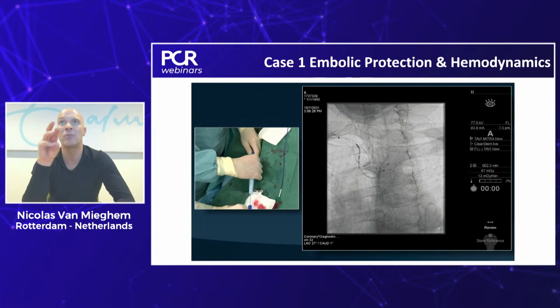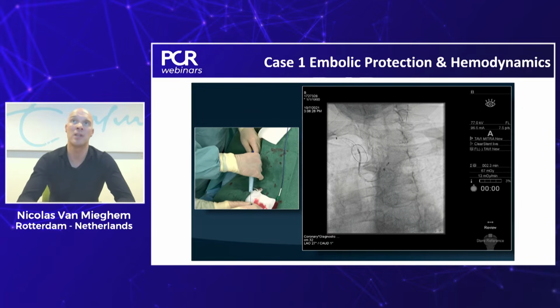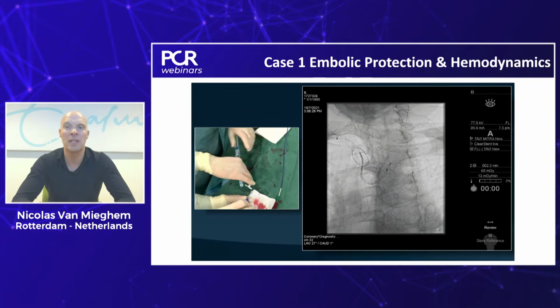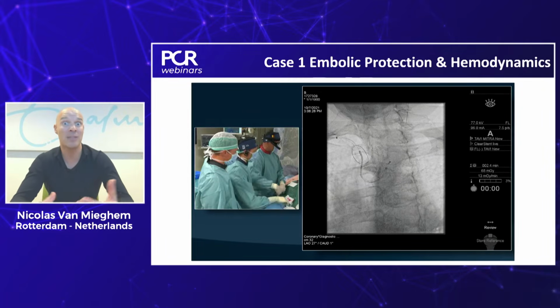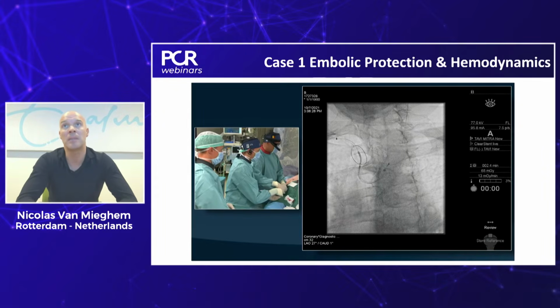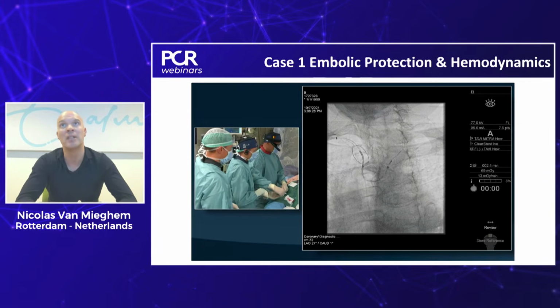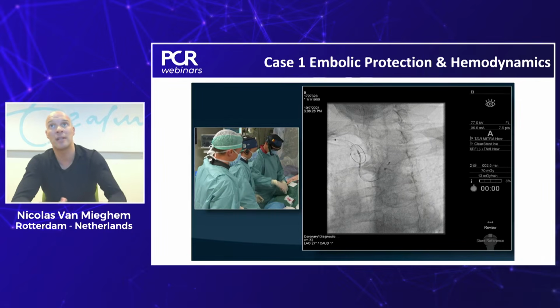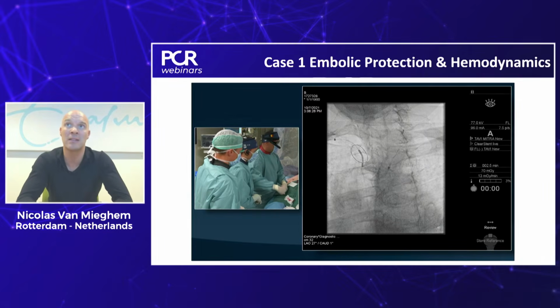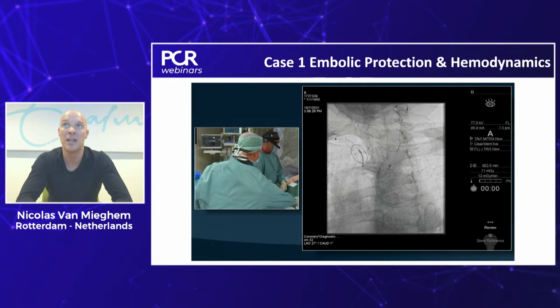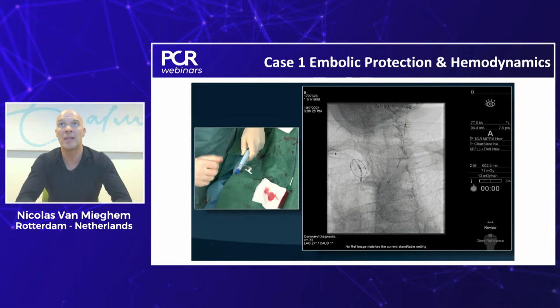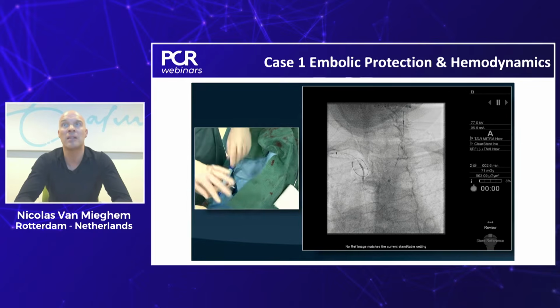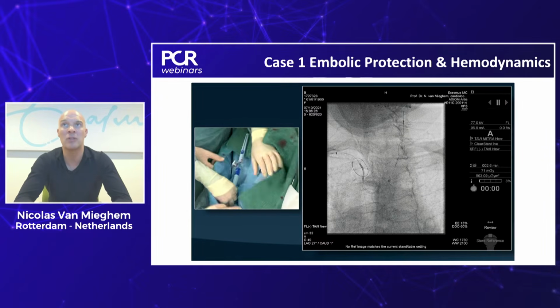Obviously, this needs to be an atraumatic experience. You don't want to create a lot of damage by inserting the filters. And this will be one of the major points of interest also from the PROTECTED TAVR trial that will be presented next week at TCT. You want to know, can you use these devices without any major complications?